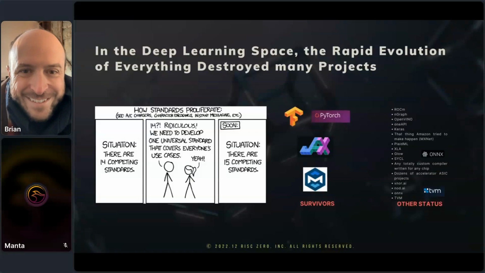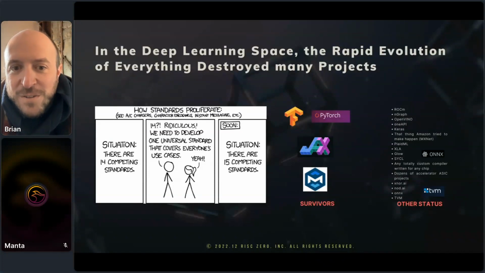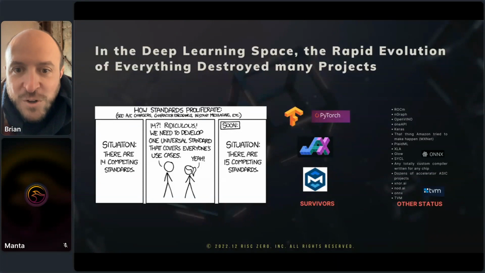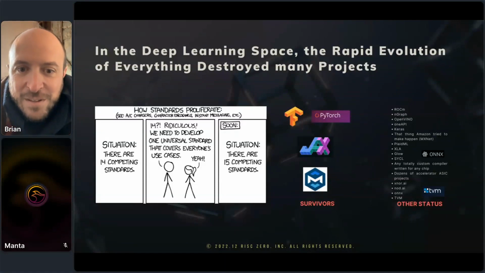So I love this XKCD comic, and I think this is very true in the deep learning space. It's not necessarily meant to be a cautionary tale, but there was an explosion of a million opinionated approaches, often driven by very large software entities trying to build a bunch of different middleware, including a project that I was involved in, listed on the right, PlatML.